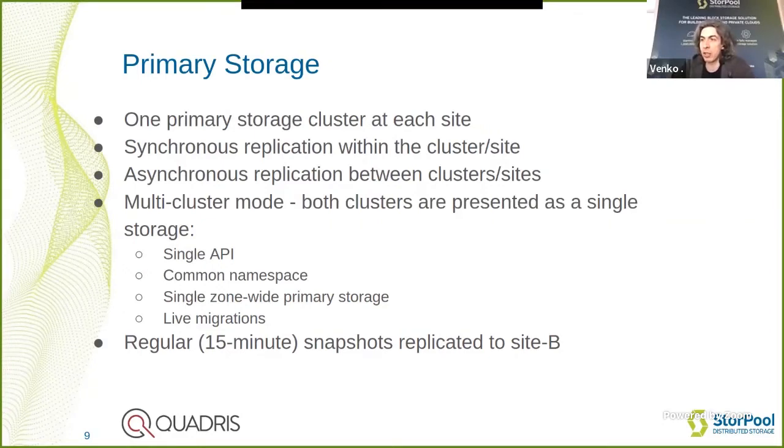And this architecture allows not only migration of the data, this offline asynchronous migration, but also live migration of virtual machines. So this is an important feature for the failback process.